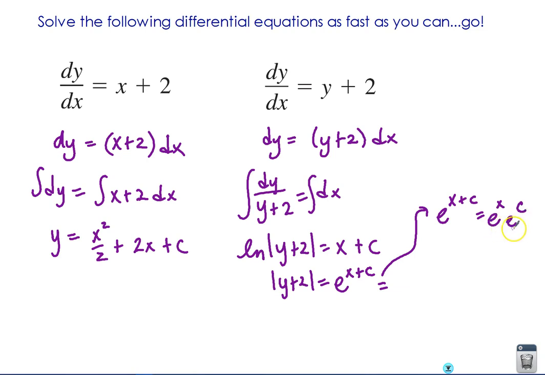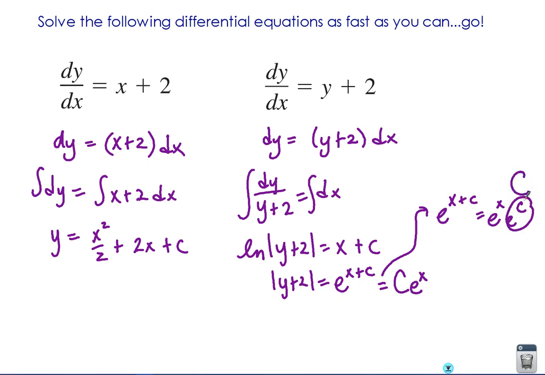Remember how if the bases are the same, you just add the exponents? Well, technically this whole thing right here, because I don't know what c is, this in and of itself is some constant that we don't know. So what we are allowed to say is instead of e to the x plus c, I can just call this c e to the x because I'm saying that this whole thing is c as a constant.